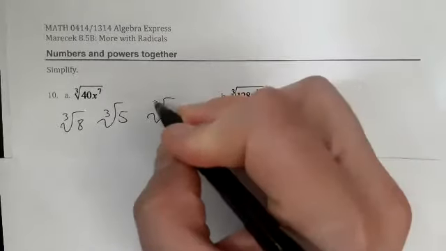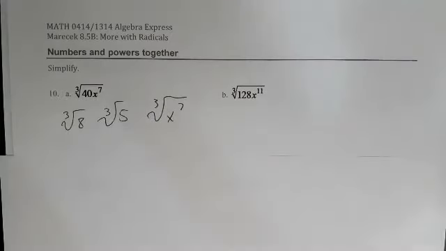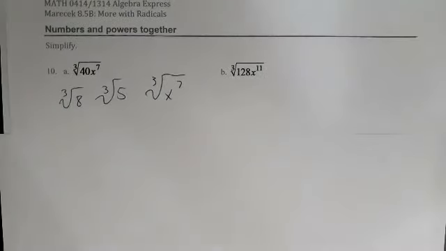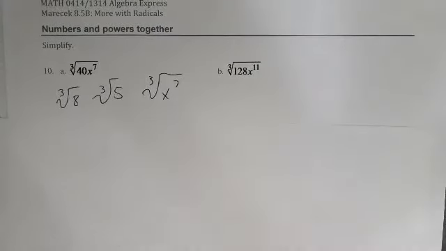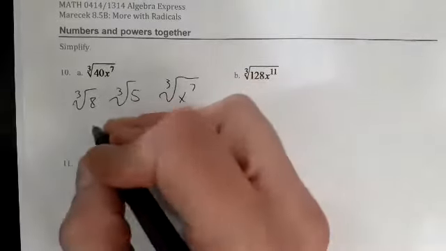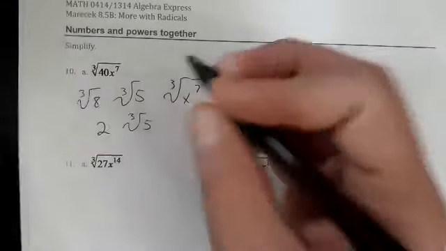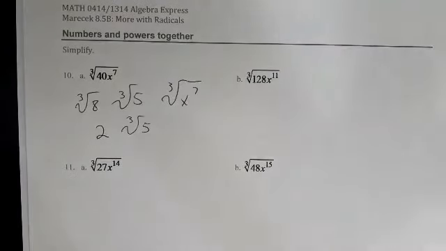And I still have the cube root of x to the 7th. And the cube root of 8, that is an even cube root that I can take out. This is 2, this is the cube root of 5. And now I'm trying to figure this thing out over here.